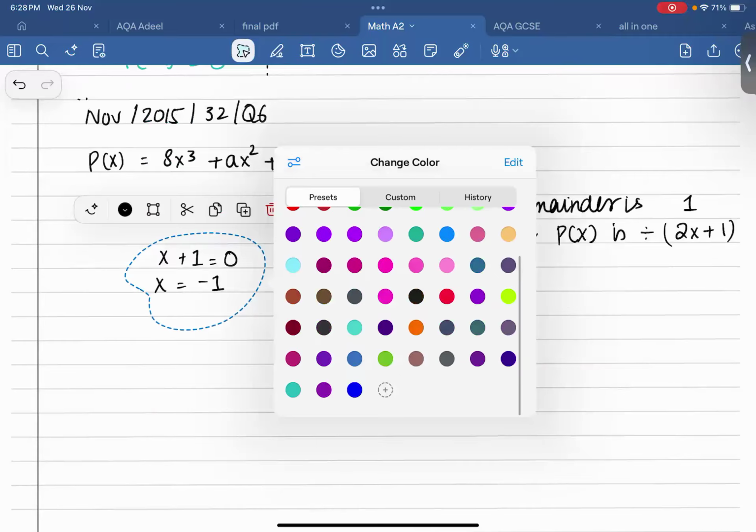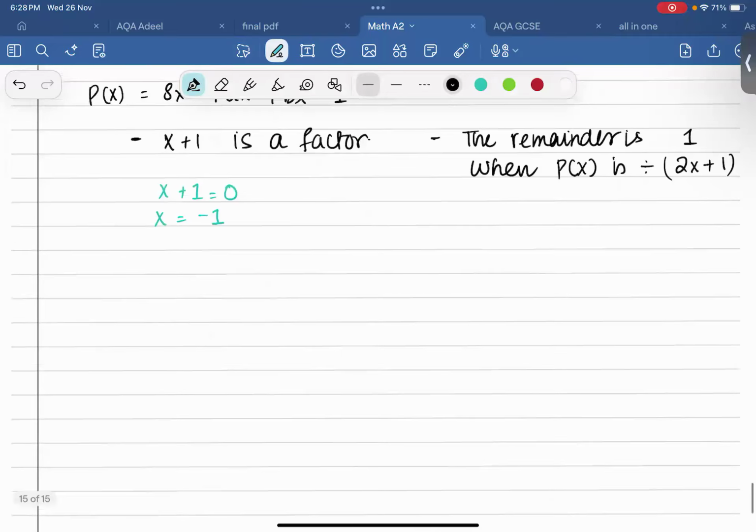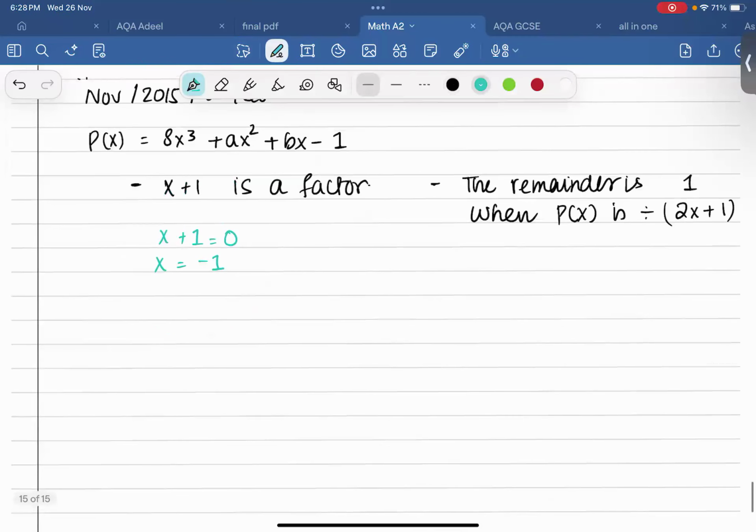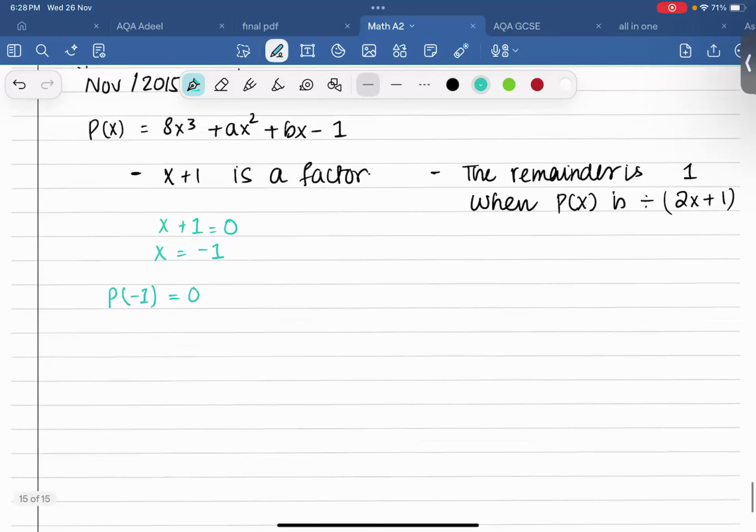So if I input p of -1, the polynomial should give me 0, because it is a factor of the polynomial. Now, 8 times -1 cubed plus a times -1 squared plus b times -1 minus 1.